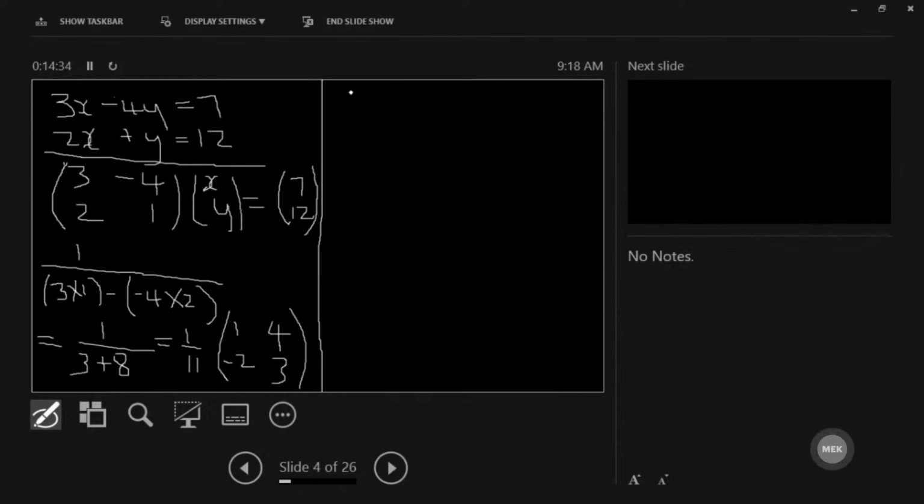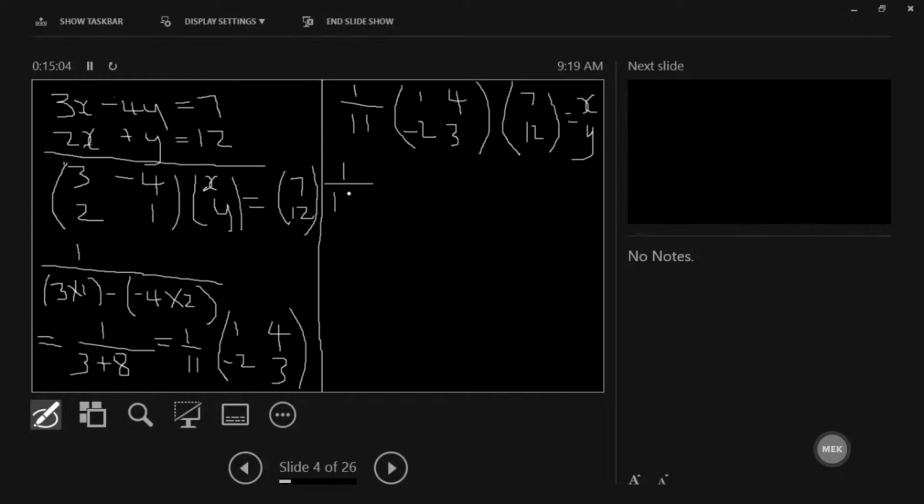All right, so we'll have 1 over the determinant times the adjoint times 7 over 12 equals xy. And I always have no space, but these should be in brackets. So as I said, usually 1 over the determinant will give a fraction. So leave the fraction for last and multiply these two.